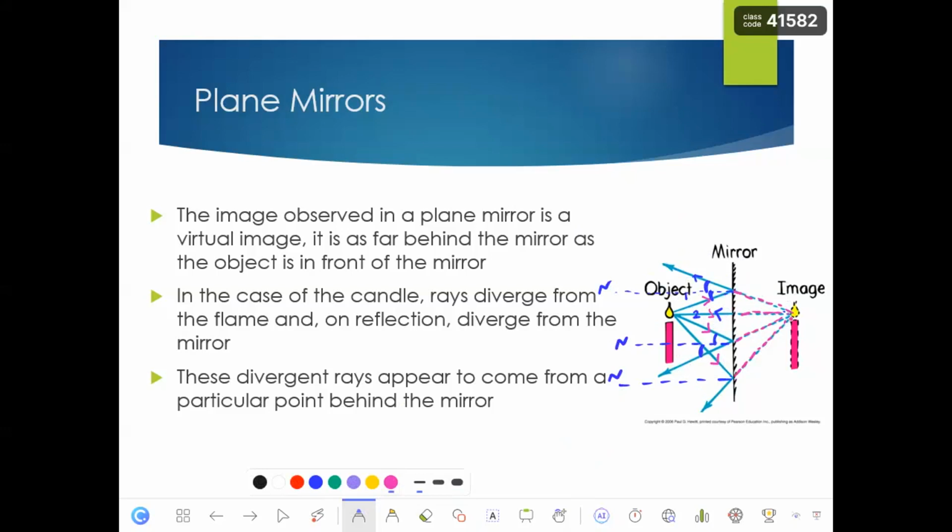We had incident light, we put it in front of the mirror, we draw the reflected light, and the reflected light converges behind the mirror. The intersection of these extended reflected lights will give us the image of this candle.